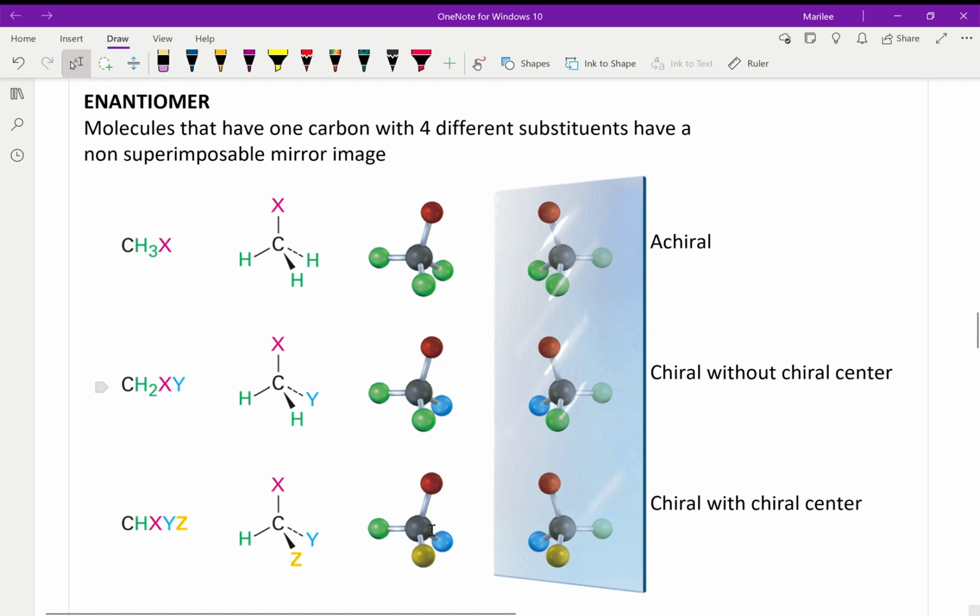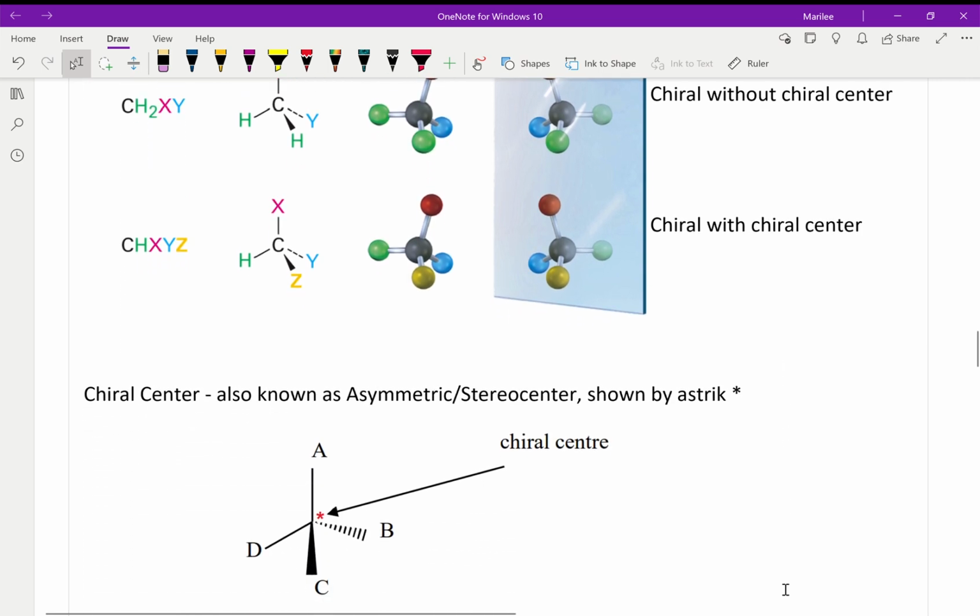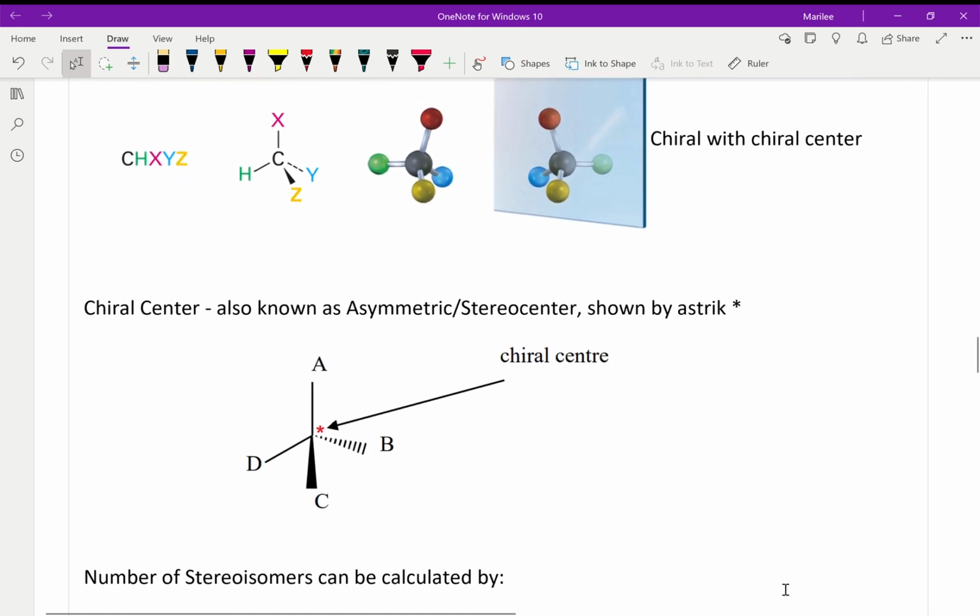And because the center carbon is bonded to 4 different things, we have a chiral center. If you have a chiral center, when you draw out your molecule on paper in 3D, your chiral center gets an asterisk. That denotes that we have a stereocenter.